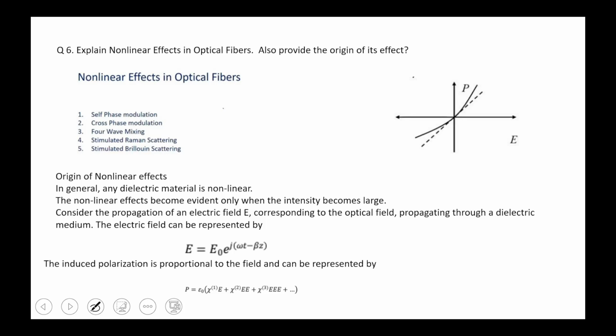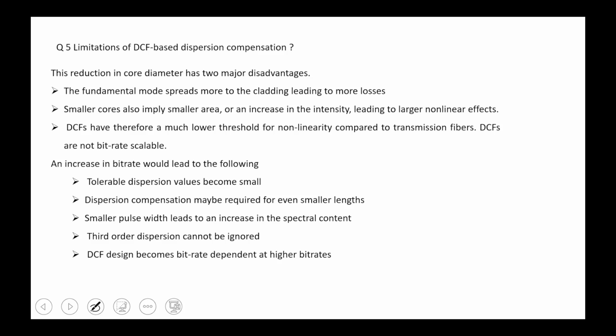Explain the nonlinear effect in optical fiber. Also provide the origin of the effect. What is the nonlinear effect in optical fiber? What types of nonlinear effect do you know?